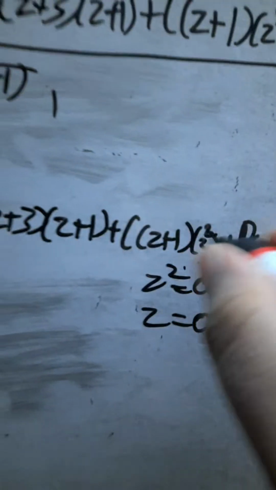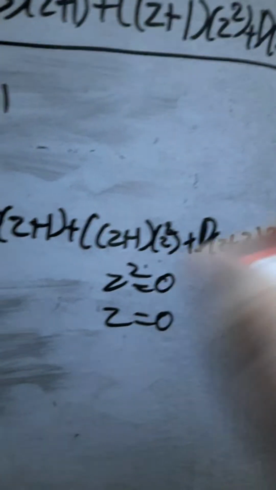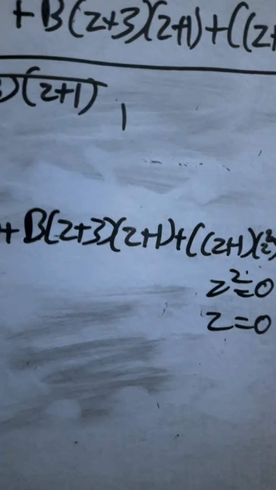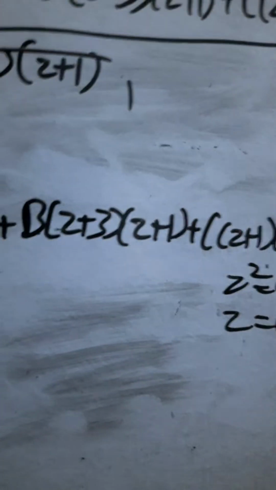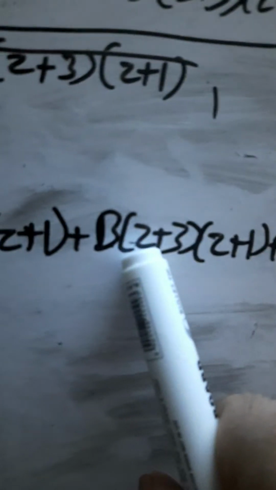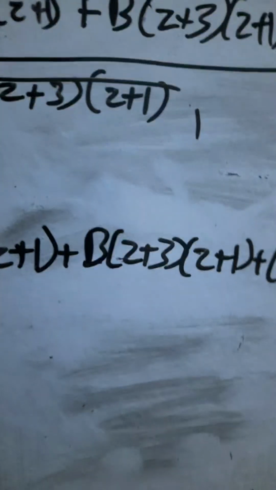Then c has z square and this has z square, these two will be removed, since b had denominator z square, now it doesn't have any z square term, so that would remain and we would find what b is. Okay, so these two are removed, so z equal to 0. Like if I would have done this for this, then the opposite of 3 would have come and I would have put it in here, then minus 3 plus 3 would have been 0.